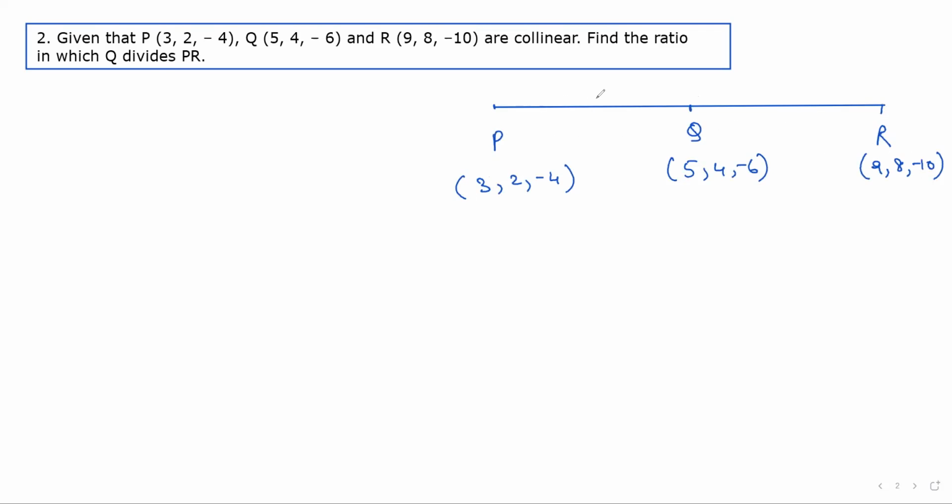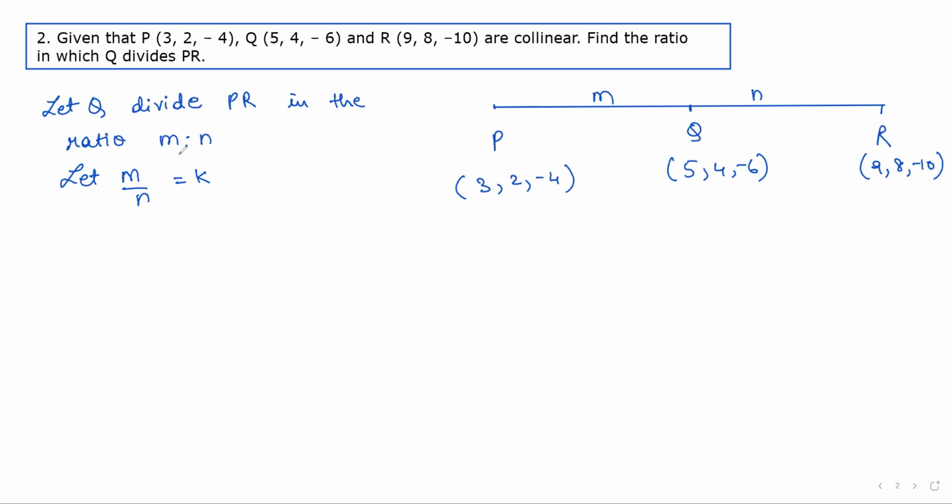Let Q divide PR in the ratio m:n. Let m upon n equal k.